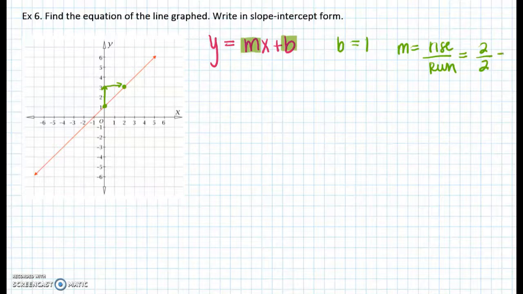So you could simplify that to 1. And then just double checking, remember, this is going up. Think about it as going up a roller coaster, so it should have positive slope. So it should be positive 1. So our answer is going to be y equals x plus 1. And that would be it.